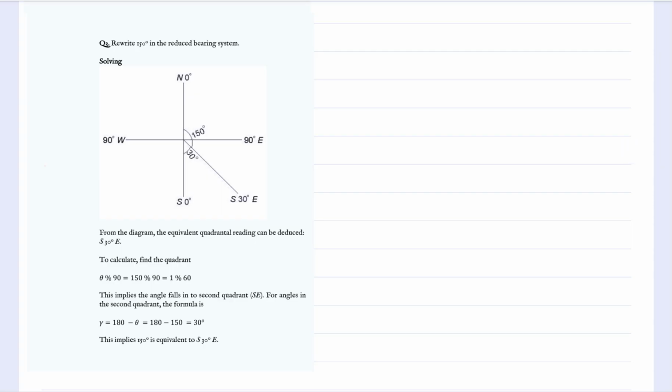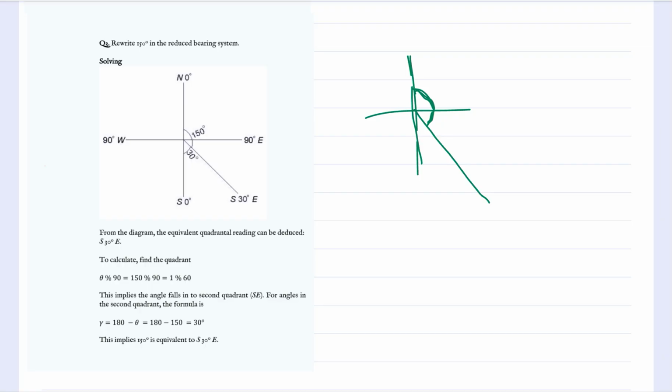So if you look at this, they said rewrite 150 degrees in reduced form. Very simple. 150, look at it. You don't even have to go through many things. 150 means it is past 90, so it is within this 180.